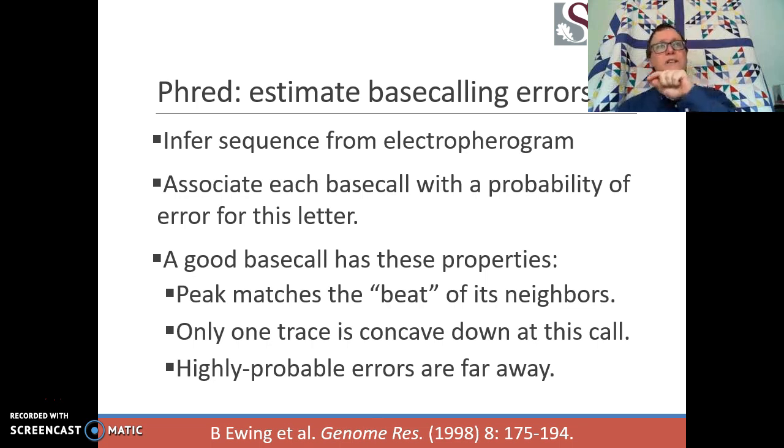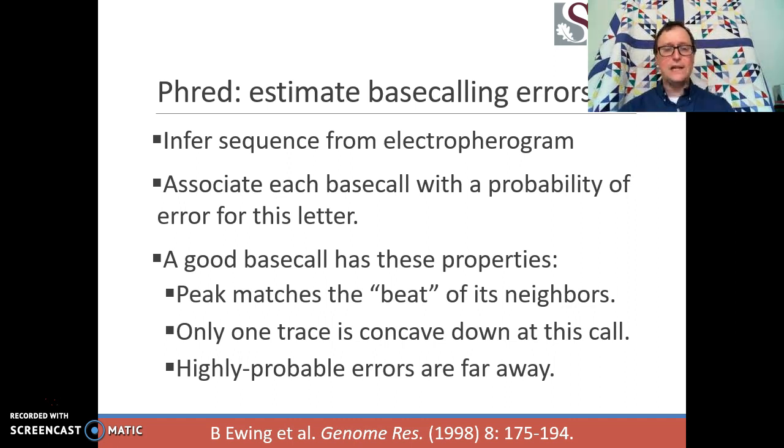We want to see that of the four traces that might be up here, red, green, blue, and black, only one of them hits a maximum at this point. If you had two different colors that were each hitting a maximum at the same time, then you might think, well, it could be this letter or it could be that, and we don't want any competition like that. Instead, we want to see that of these different letters, only one of them has a good peak at a location.